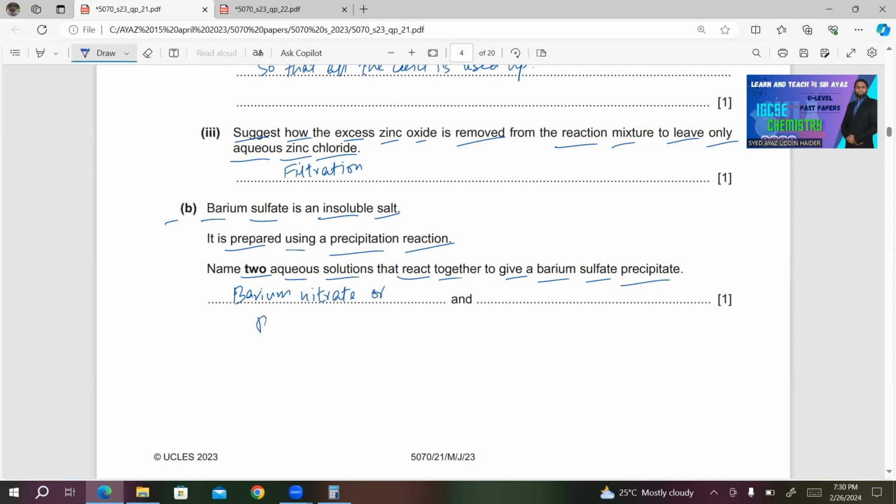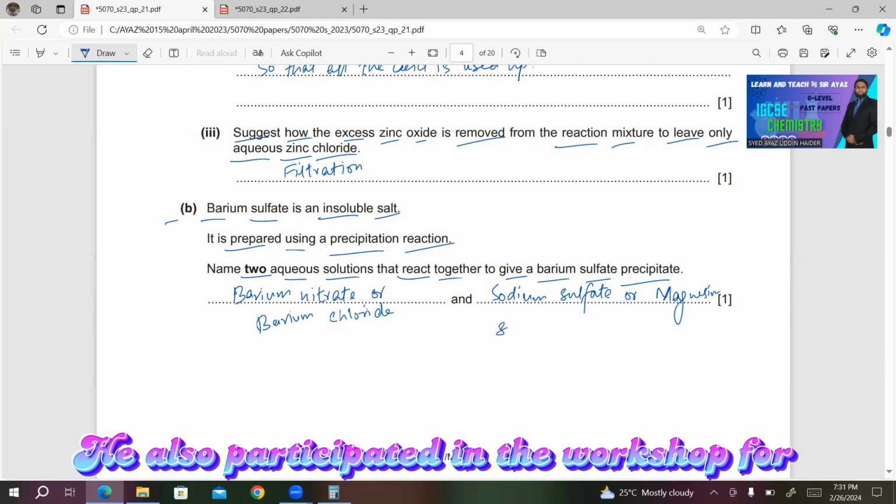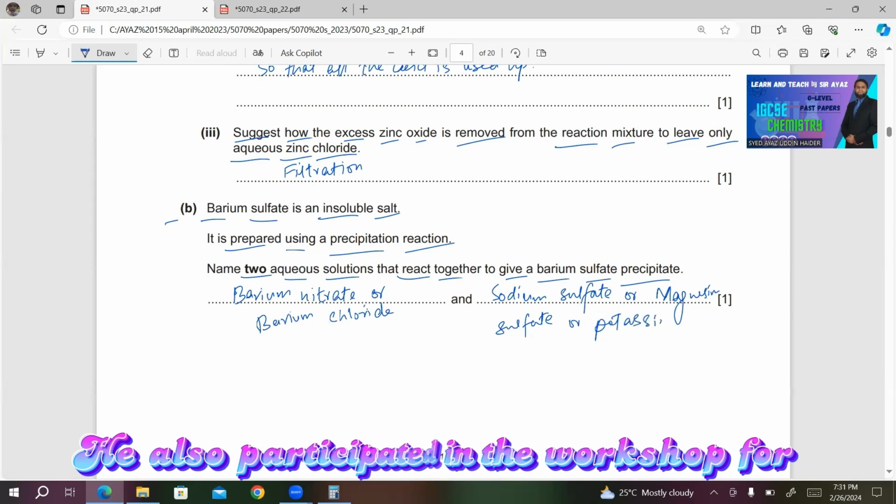Now you will react a soluble sulfate of any metal, like sodium sulfate or magnesium sulfate, or you can even take potassium sulfate for this purpose.